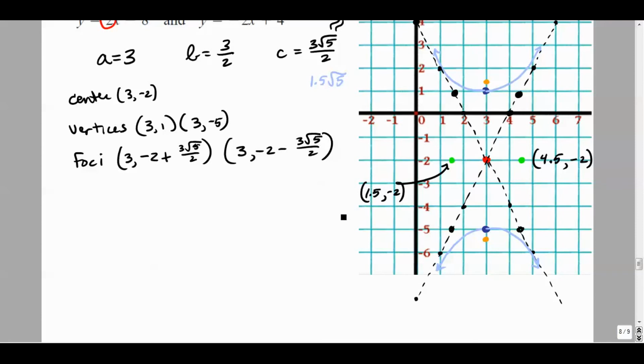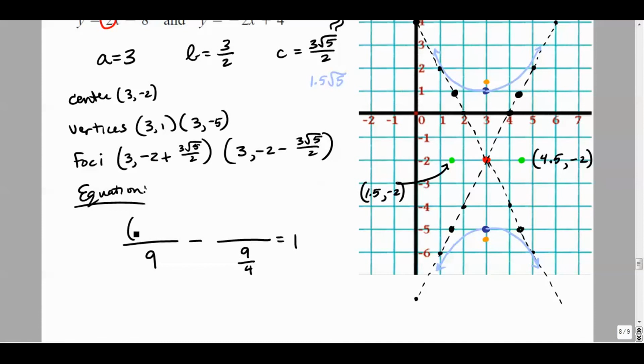Okay, so we are really approaching the end here. We have pretty much everything. We have, of course, the equations of the asymptotes were given. So now we just need the equation. To write the equation of a hyperbola that is vertically oriented here, we know that the y term is going to be in the first fraction. This is a squared, so that's 9. This is b squared, that's 9 over 4.